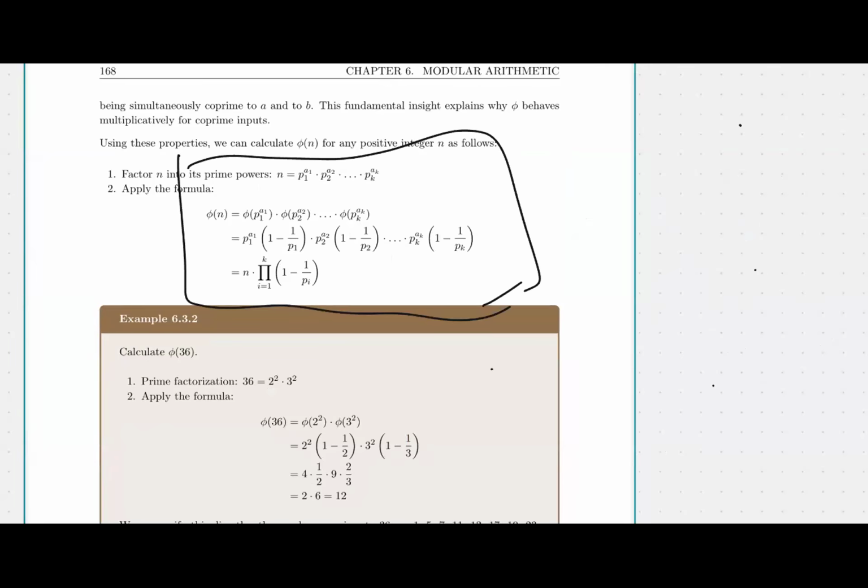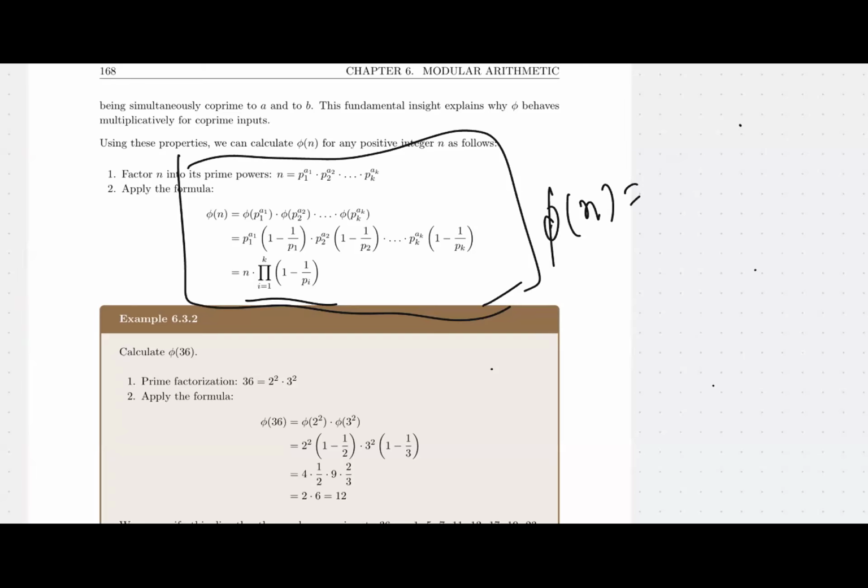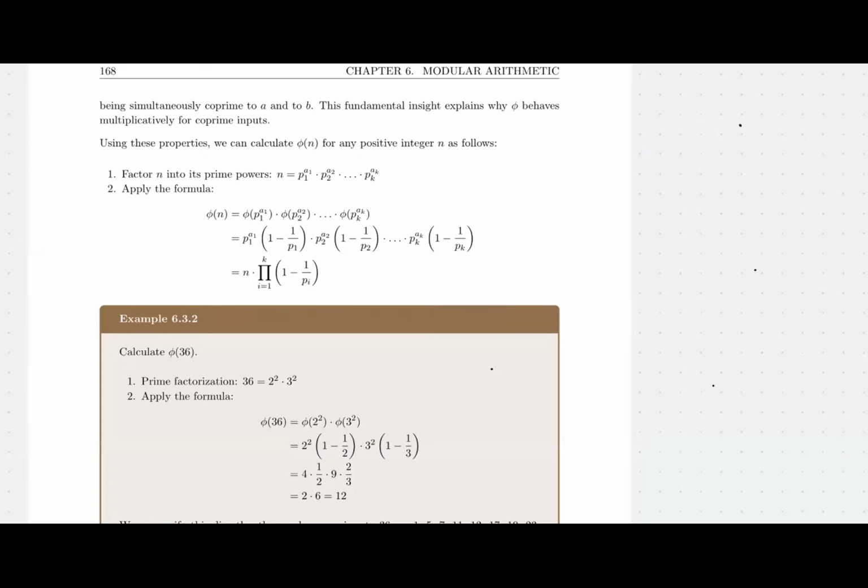So phi of n can be written down as this. Clear?